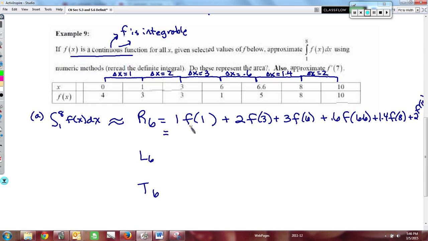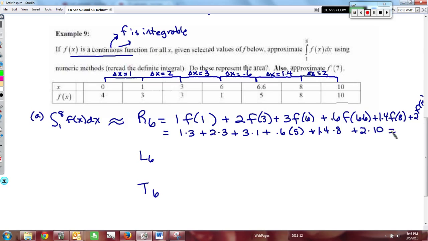And so the actual calculation we're going to be doing is basically 1 times f of 1, which is 3, so 1 times 3, plus 2 times f of 3, 3, plus 3 times f of 6, 1, 0.6 times f of 6.6, which is 5, 1.4 times f of 8, which is 8, and then 2 times f of 10, which is 10.